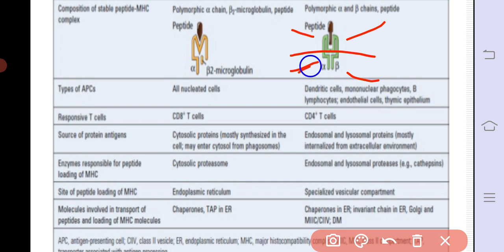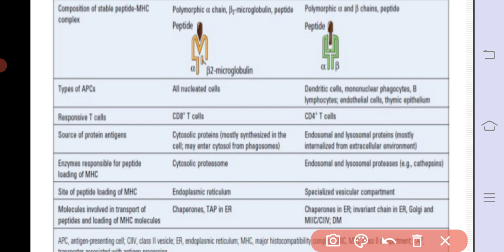The beta 2 domain of the class II molecule interacts with the co-receptor of a CD4 plus cell, or T helper cell, and binds with it. After binding of the T helper cell to this class II molecule, it carries out its reaction. It identifies which kind of antigen it is and which reaction has to take place, and makes a call to the other remaining cells to carry out their actions.